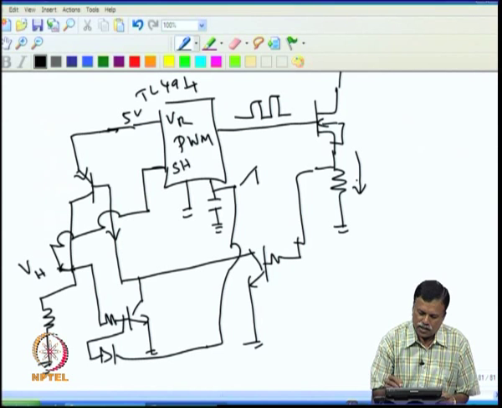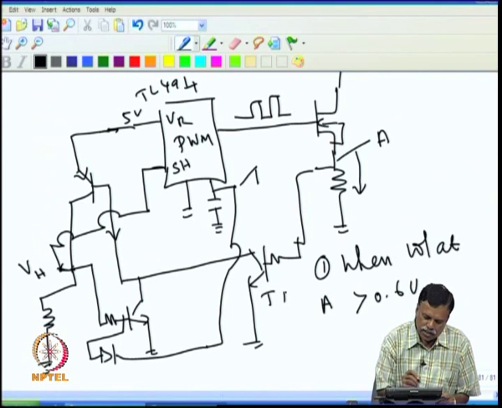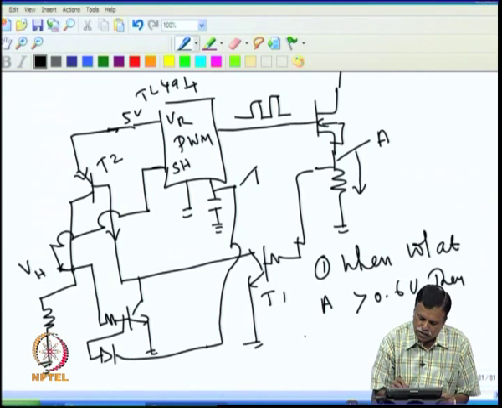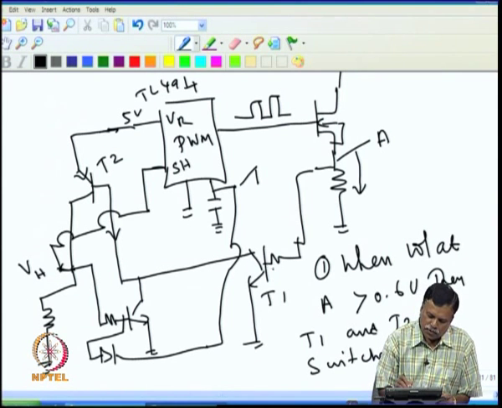That means, in reality, when the voltage at this point, say I name it as A, goes high, first step is when voltage at A is greater than 0.6 volt, then T1 and T2 are switched on.